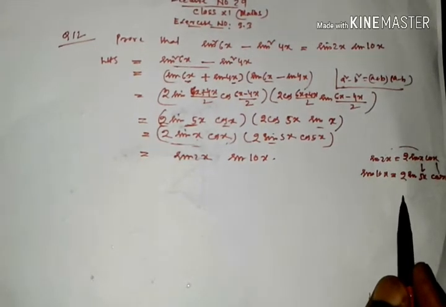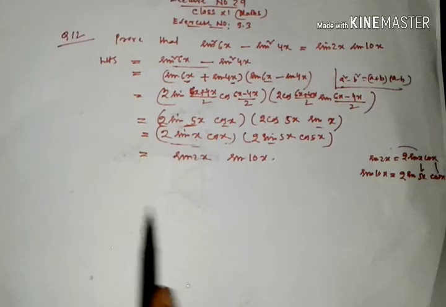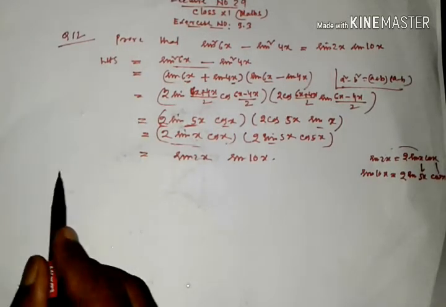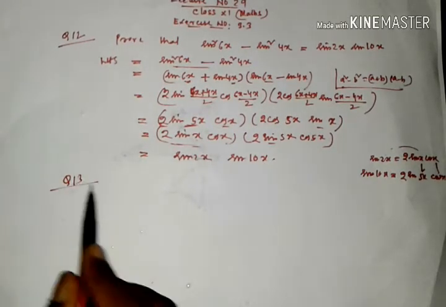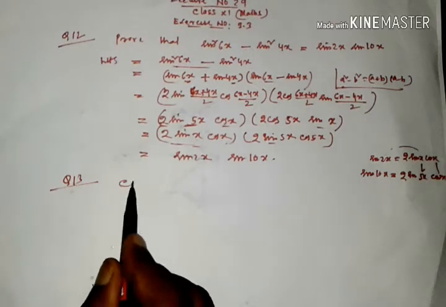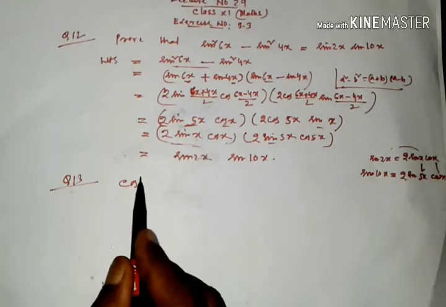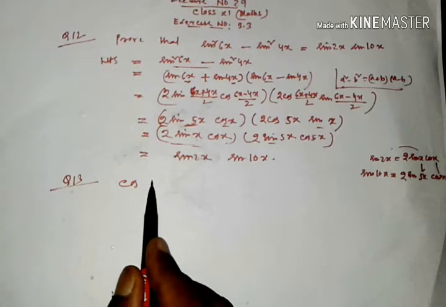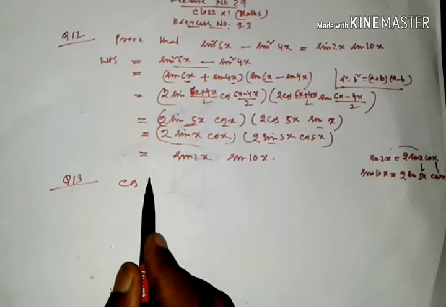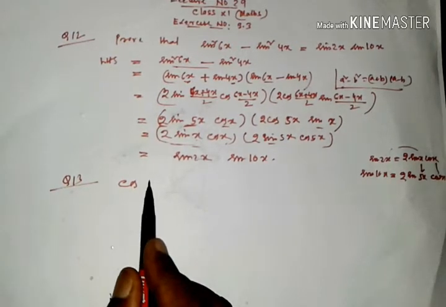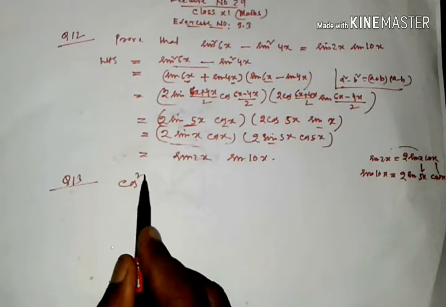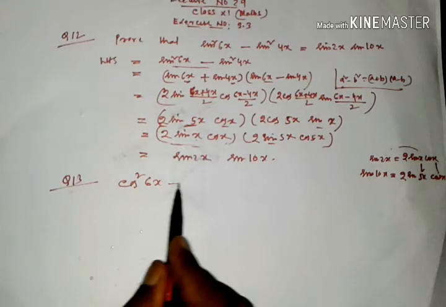This is the problem. Next problem. This is question number 13, which is the same as this problem. Students are advised to do the problem individually. I have just given some hints here.